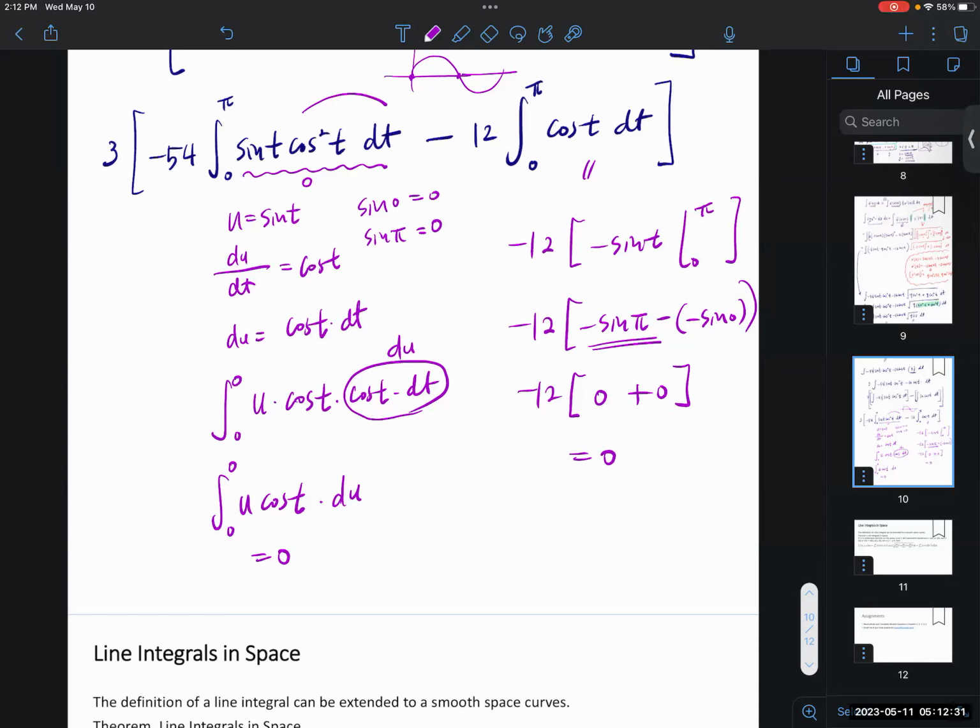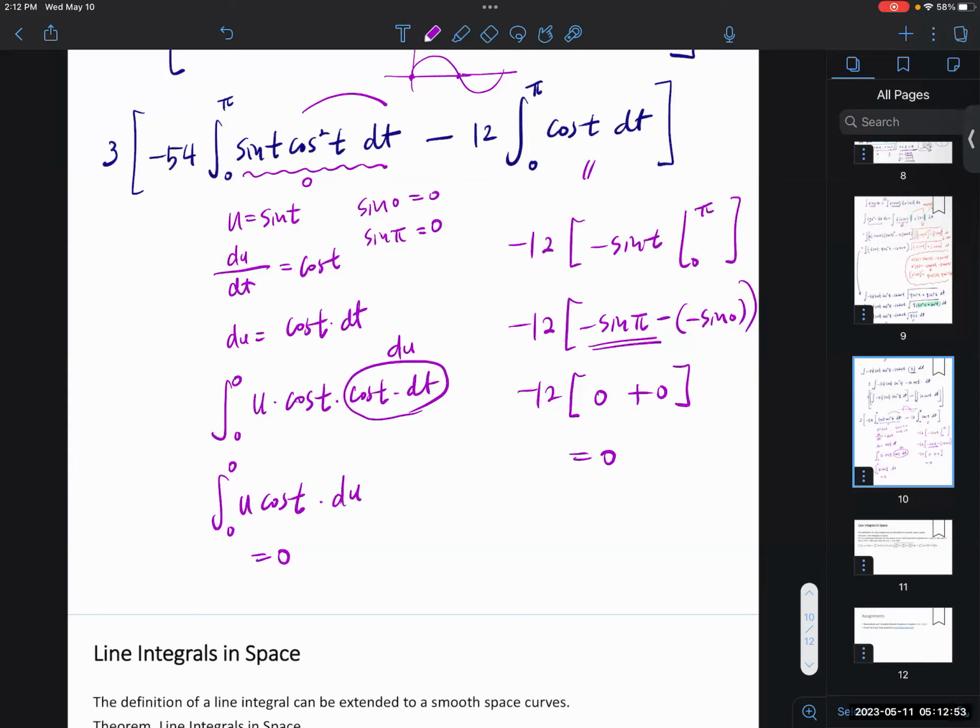So let's see, cosine t, when I take the integral, it's going to be negative sine t. Do you notice something? Is there any mistake? I got the answer as 0 for the second one, but the first one in my calculator equals negative 36.